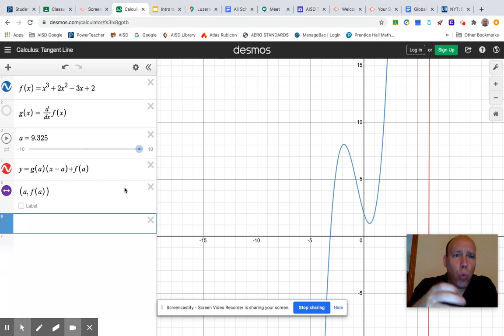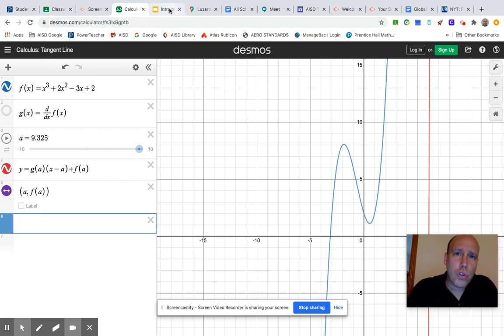Where's what's going on here? What I want to get to is point slope, right? So it's y minus y1 equals the slope times x minus x1. And you can see here, we have the point f of a, and we have x minus a. This g of a, that's the slope. This thing called the derivative is the slope of the line. We're going to make those connections a little bit later, but once again, this is just an introduction.